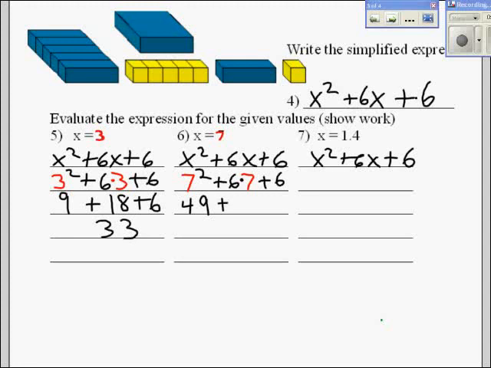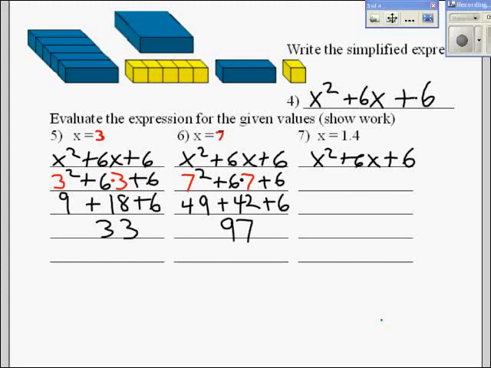Plus, we got 6 times 7, which is 42, plus 6. So then we can add those together. You will have a calculator on your test. So you're adding together 49 plus 42 plus 6, and that comes out to a total of 97.